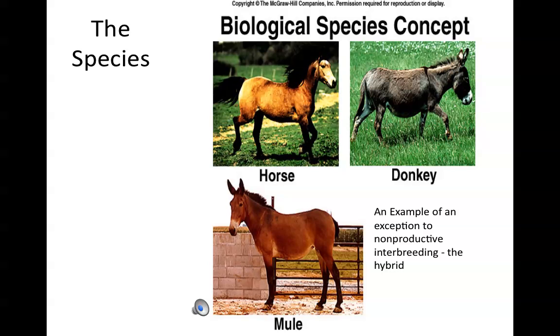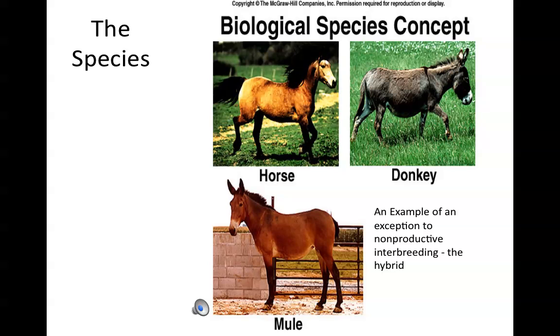An exception would be something like a hybrid. Hybrids are non-reproducing offspring from two different species. An example that's very traditionally used is the mule. A mule is an offspring if you breed a horse and a donkey. Donkeys are considered to be unique species, separate and different from horses. You can clearly see that they look quite different, even though there are some similarities.